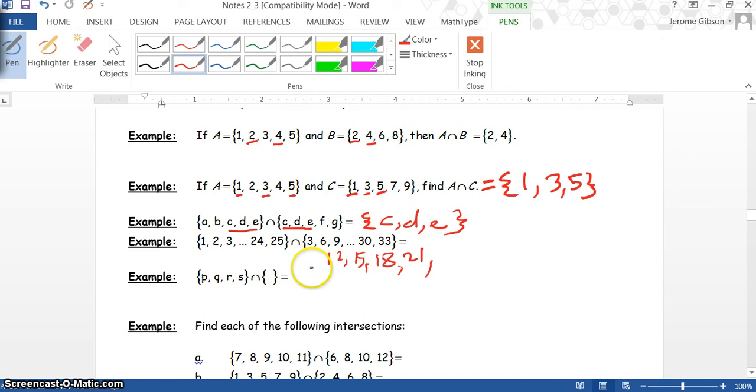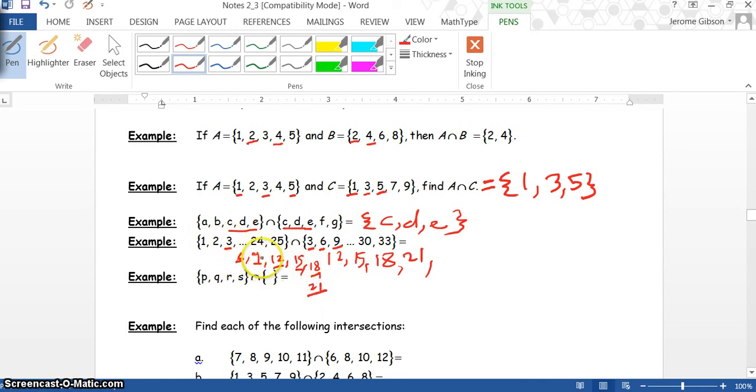But the numbers that we're looking at is this here. Actually, we're looking at this set and see what they have in common. Now, if you notice, we have 3 in common. Now, we know in this ellipsis, there's a 6, and there's also a 9. So we have 6 and 9 in common. We know also there's a 12, a 15, an 18, and also a 21, all contained in this ellipsis.